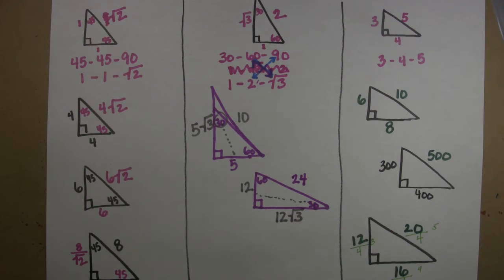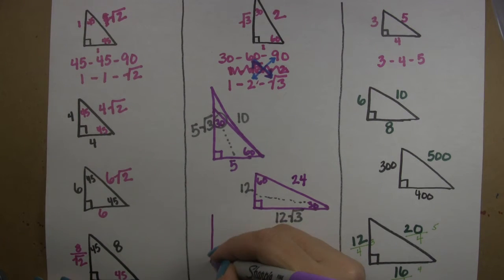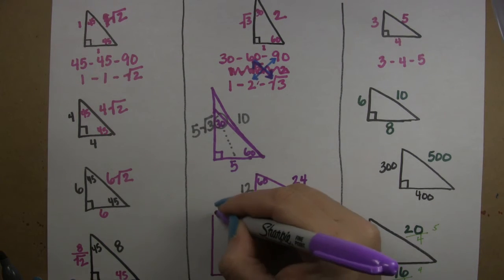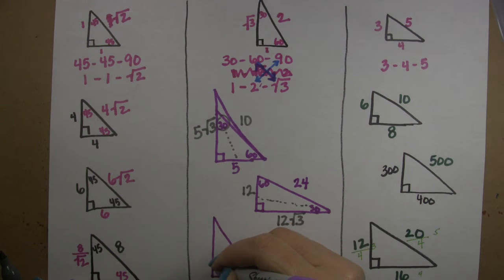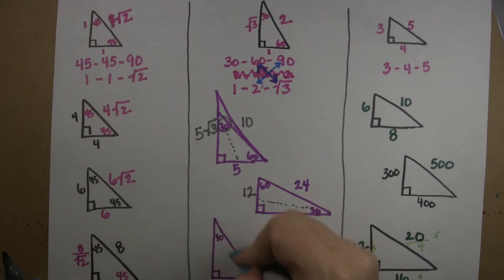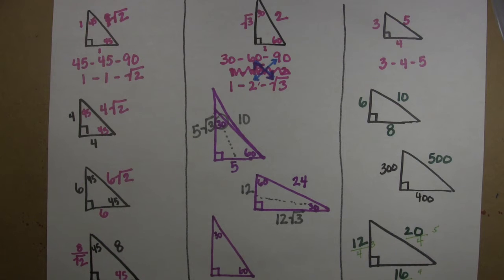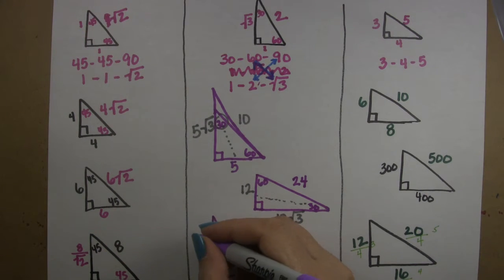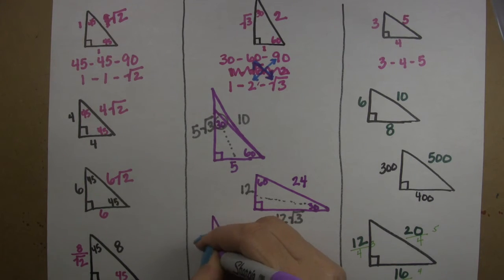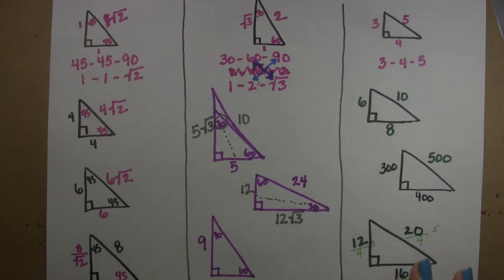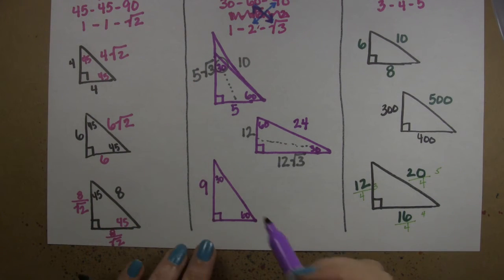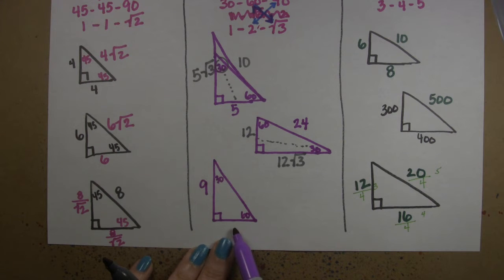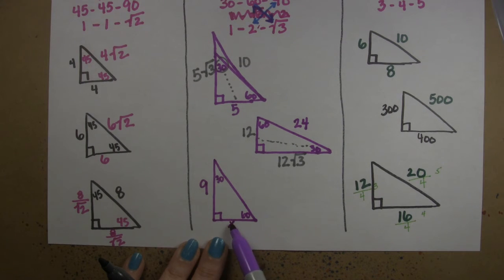Okay, so let's try one more. This will be our 30. This will be our 60, right? And we know that this side right here is a 9. Okay? So what can we figure out? Now this is a little bit more complicated. Remember, it's this, whatever this is, times root 3 equals 9.